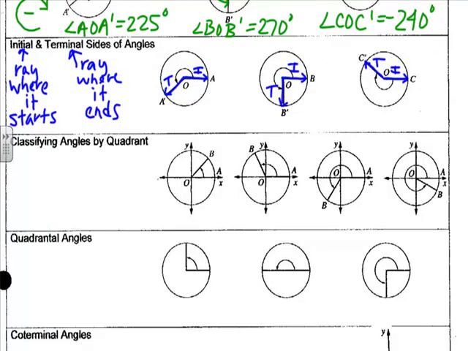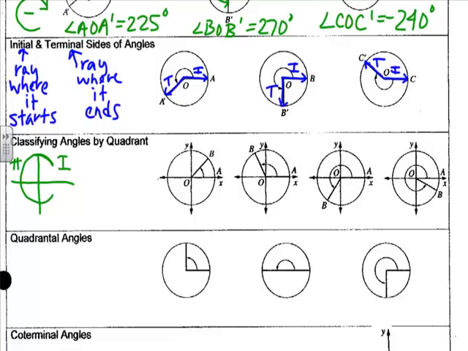Okay, another thing that we're going to want to be able to do is classify angles by quadrants, and that would require, of course, that you know your quadrants. You've probably been taught different ways to remember them. I think one of the easiest, if you struggle with this at all, is to just draw a big C, and as you draw your C, drop the quadrants behind it. So this would be quadrant 1, 2, 3, 4.